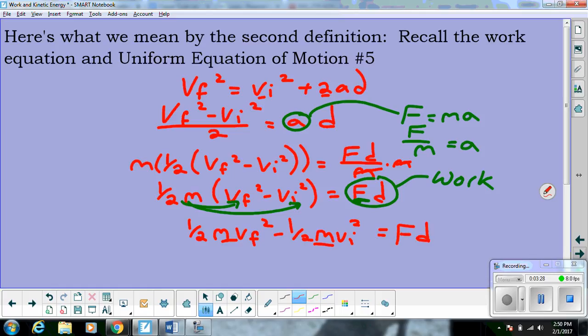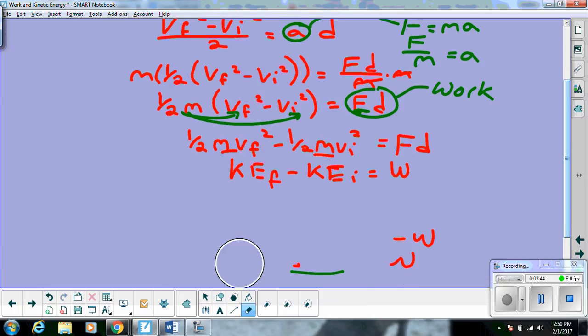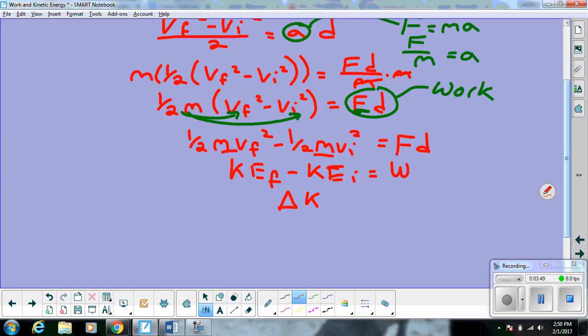And I can sum this up by saying this is going to be kinetic energy final minus kinetic energy initial equals work. Or we just proved the work-energy theorem, that the change in kinetic energy is the work done to a system. So the change in kinetic energy in a system is the work done on the system, and we get that from the uniform equation of motion number 5 and Newton's second law.